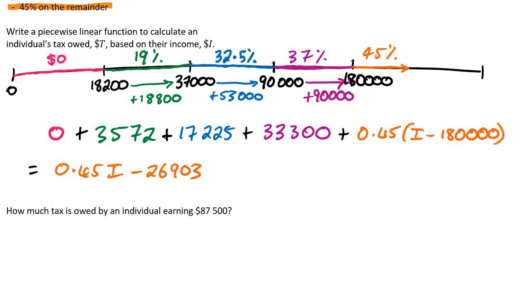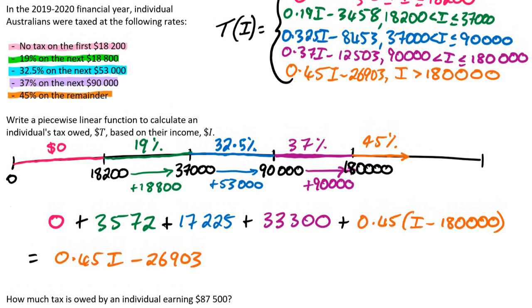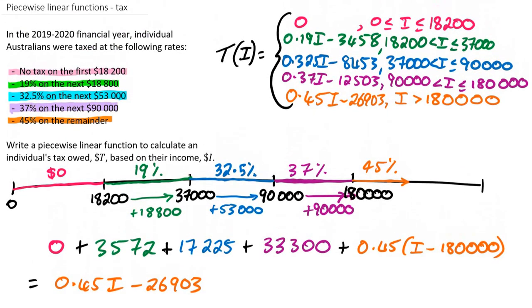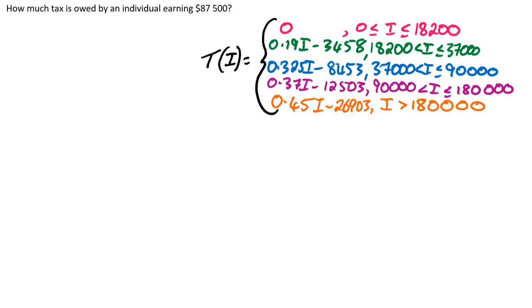Okay, so now we want to look at using this piecewise function to calculate an individual's tax. So there's our piecewise function. An individual earning $87,500 falls into this tax bracket.